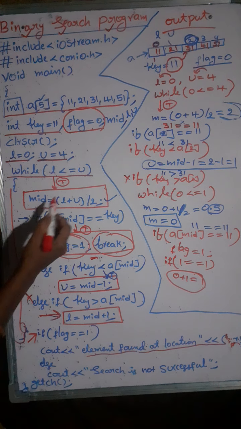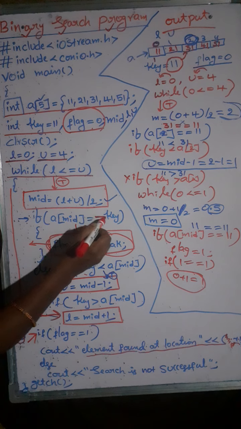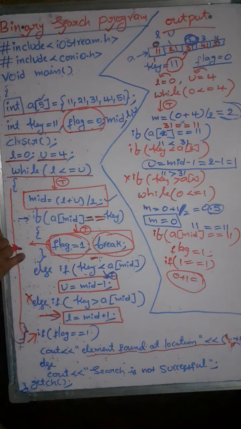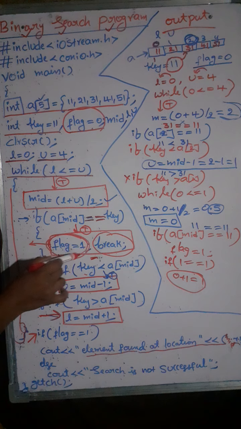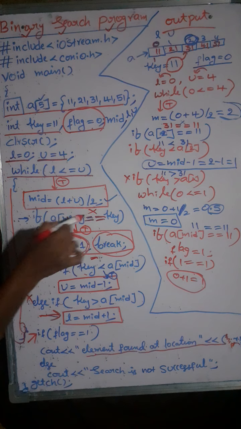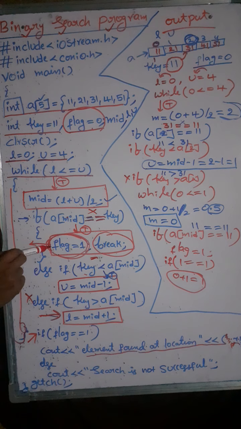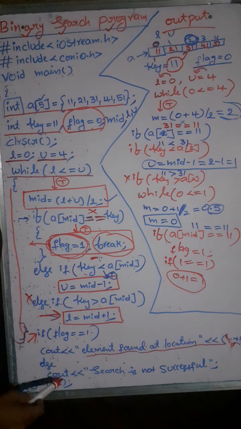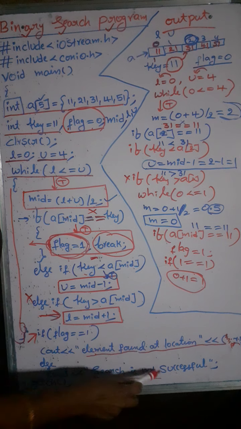Here if you observe, when there is a match, only then are we changing the flag value. Flag value changed is nothing but the required element is found. If there is no match, then we will not change the flag value, right? Then the flag value will remain 0 only. Flag value 0 is nothing but the search is not successful.